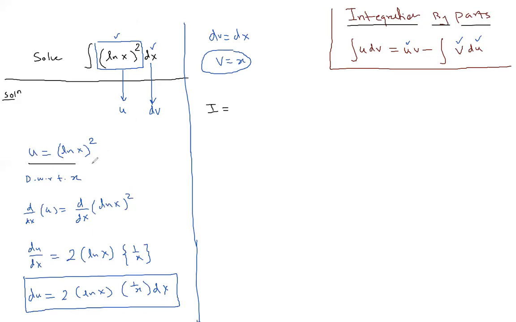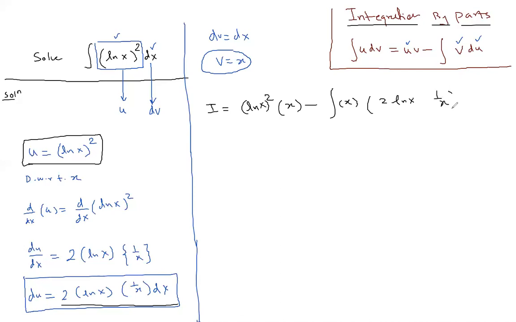Well, u is (ln x)², v is x, minus integration of v, which is x again, and now du is 2 ln x, 1 over x dx.